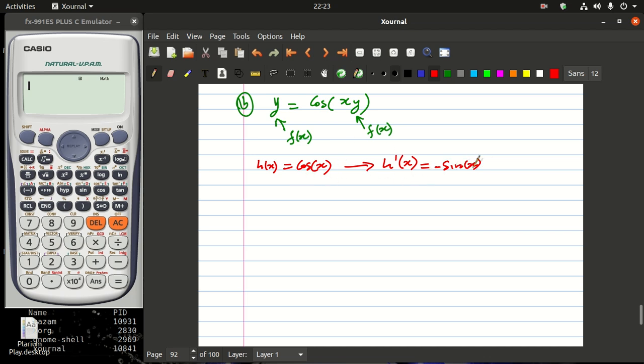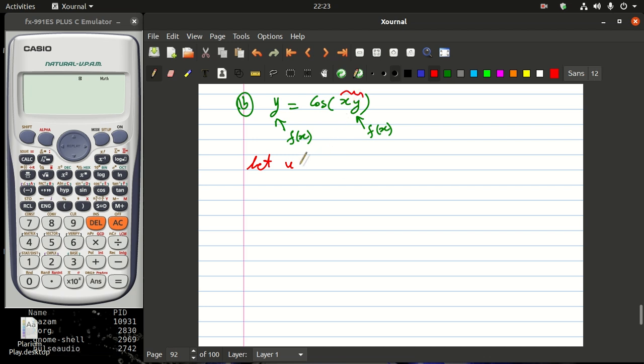But now, instead of having cosine of x, here I have something inside. I want you to notice that I have something nice sitting in here. So I am going to let u be whatever is sitting inside there.